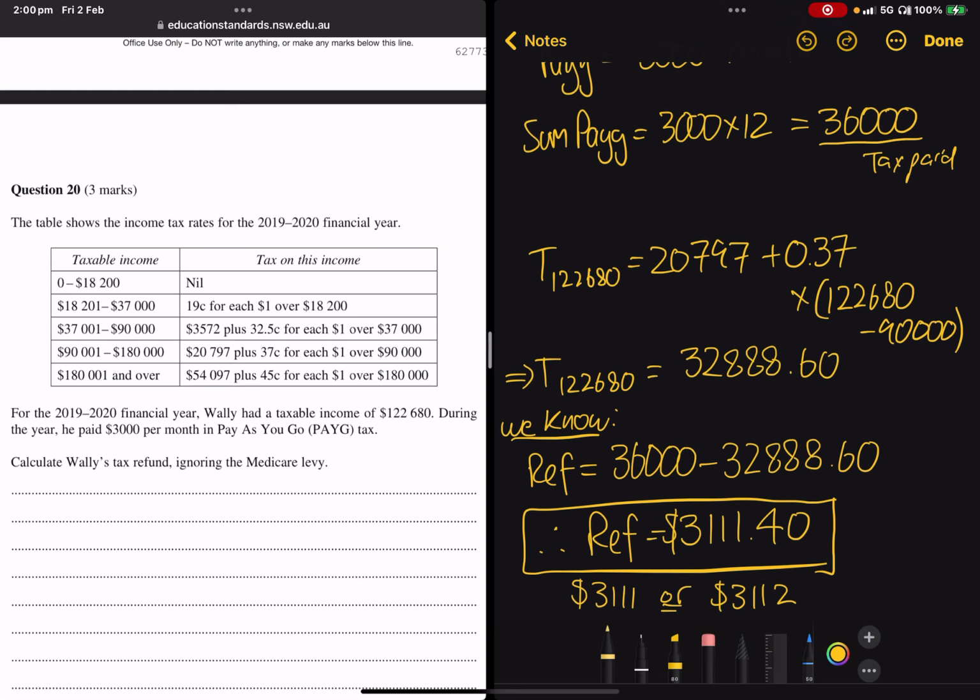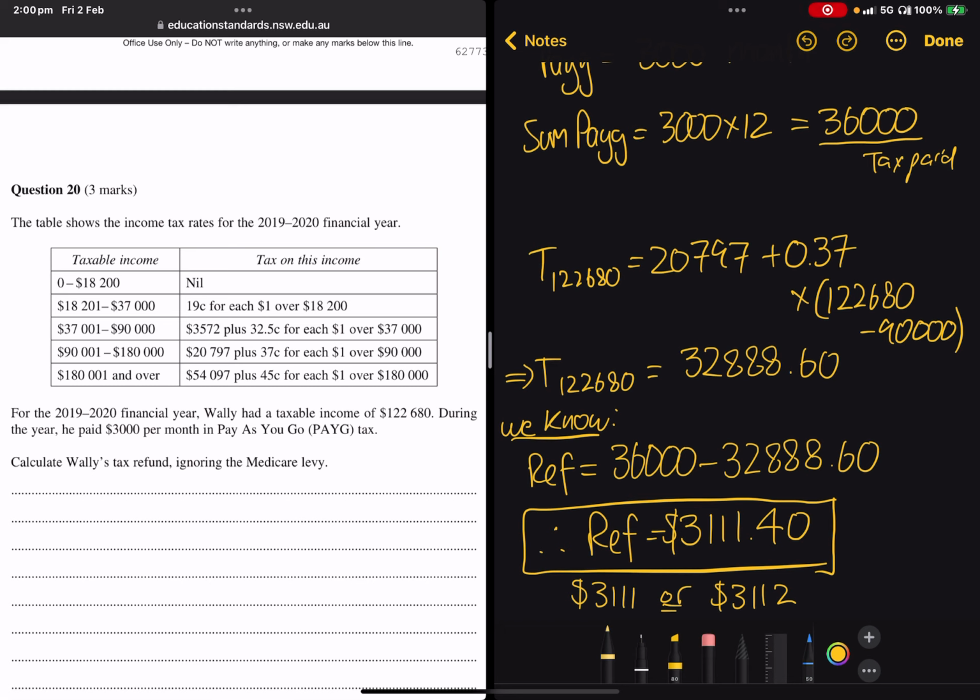It may also be the case that this number gets rounded up. If you're an accountant working out all of the payments that your customers owe, you never want them to be underpaid. You're happy for them to be 60 cents or 40 cents overpaid, never underpaid. So it could round either way. And if you're looking at answers to these types of questions from accountants or financiers, this is one of the reasons they may be rounded to the nearest dollar. They could go up or down, depending on who's writing those solutions.